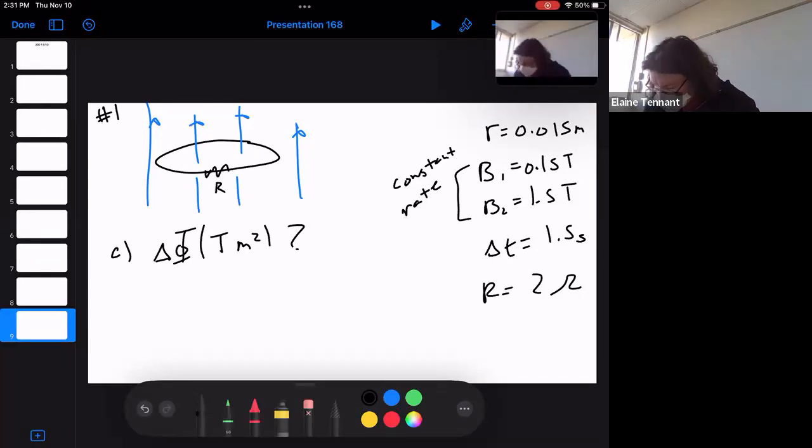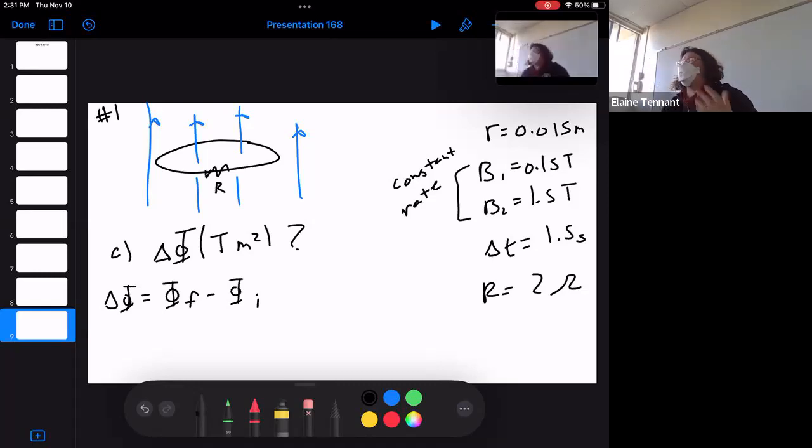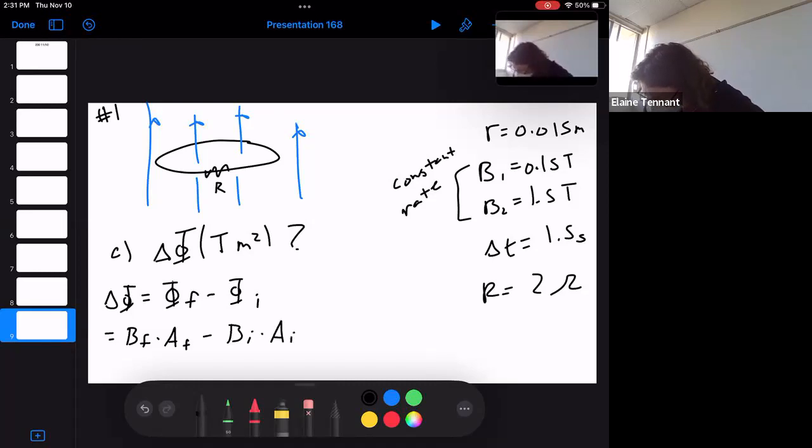All right. So our change in flux is just the final flux minus the initial flux. Flux is magnetic field dot area. So this is B final dot area final minus B initial dot area initial.